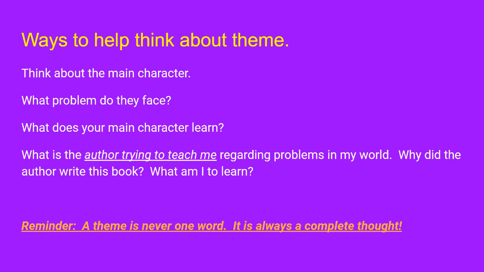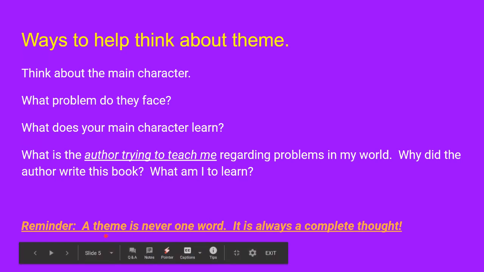Authors write fictional books because they do want the reader to learn something. And when we read good fictional books, we're supposed to learn a lesson, something that can help us in our own life. And then just a reminder down here, I know I said it before, but a theme is never one word. It's always a complete thought.